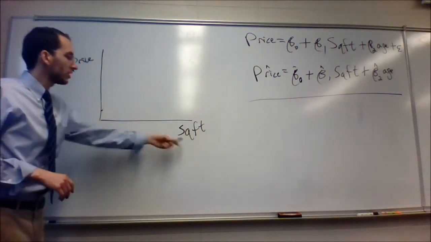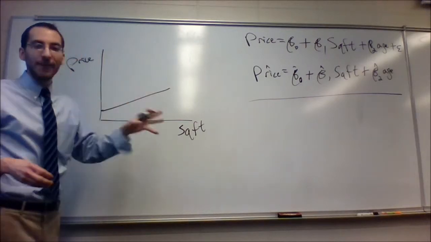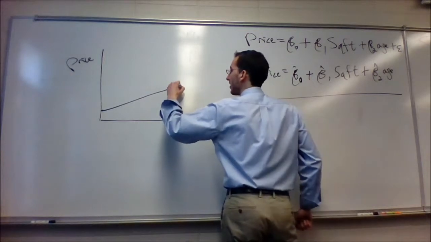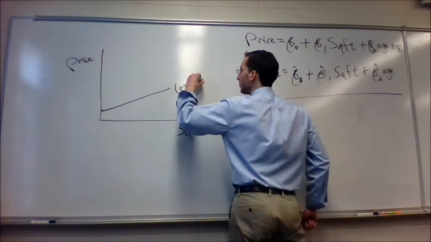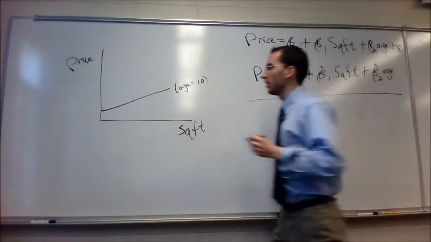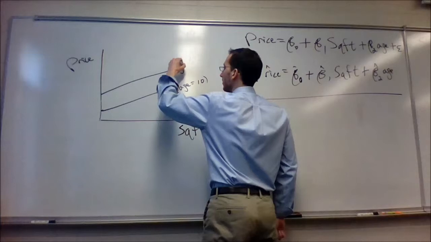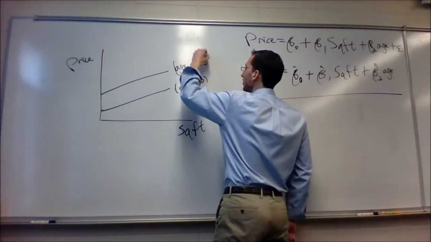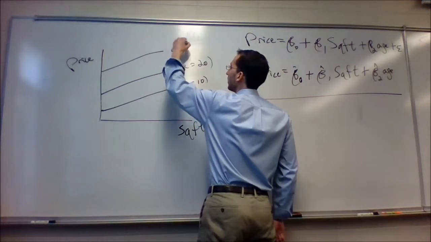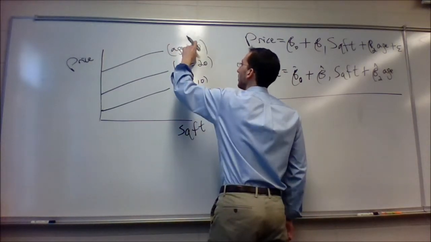I can show the relationship between square feet and price at different levels of age. So I can say age equal to 10, which gives me one line. Age equal to 20 gives me another line. Age equal to 30 gives me another line.